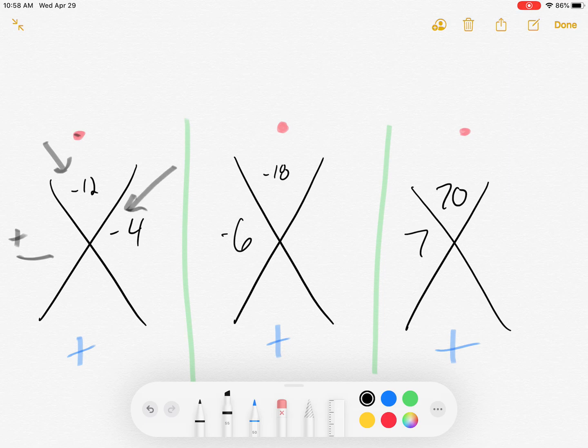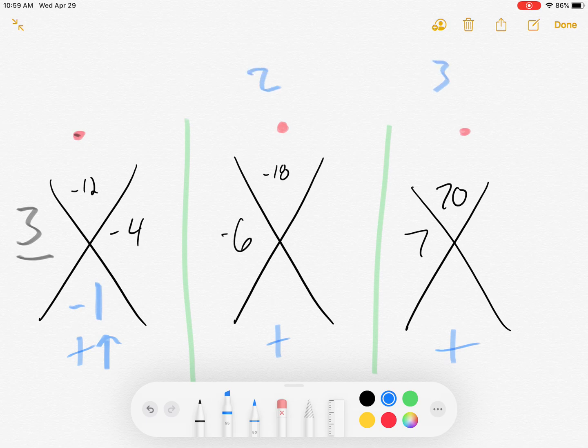We have a negative here, which tells us this one should be positive. And then 3 times 4 is 12. Okay, now once we figure out the number on the left, then we can figure out the adding number on the bottom. So now 3 plus negative 4. 3 plus negative 4, we should get negative 1.